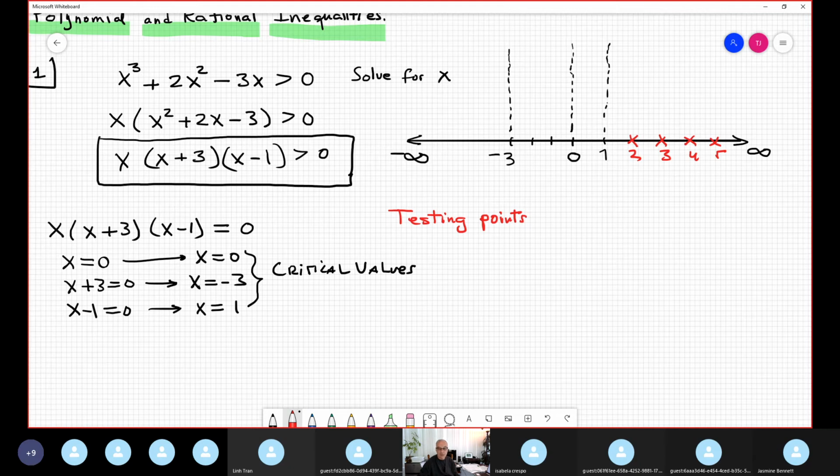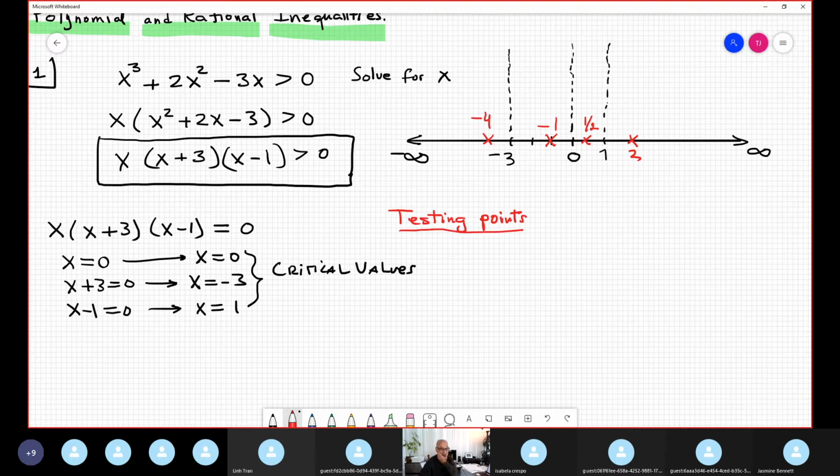It's the same, because they belong to the same interval, therefore have the same behavior. So you select at least one, you get the behavior for the inequality in this interval. Between 0 and 1, suppose 1/2, or 1/5, or 1/3, or 1/4. And between 0 and negative 3, I select negative 1, or negative 2, whatever you want. And before negative 3, I select negative 4. This is the collection of the four testing points.